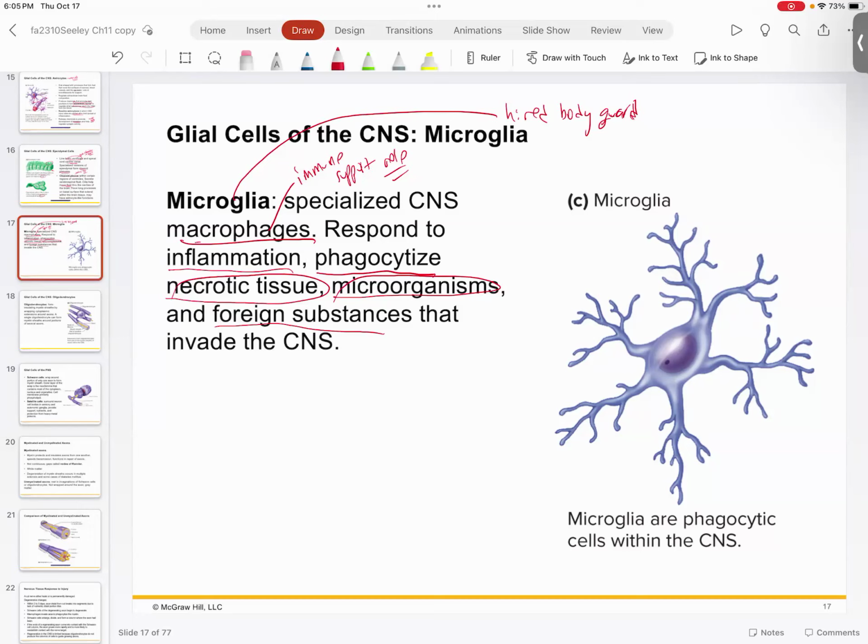And here's an example of a microglia. You can see it's a very stringy, dendritic-looking structure. But it's important. Why? Because the reason you have microglia here is the blood-brain barrier, the astrocytes.